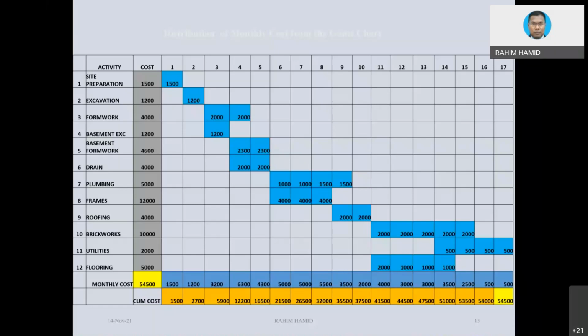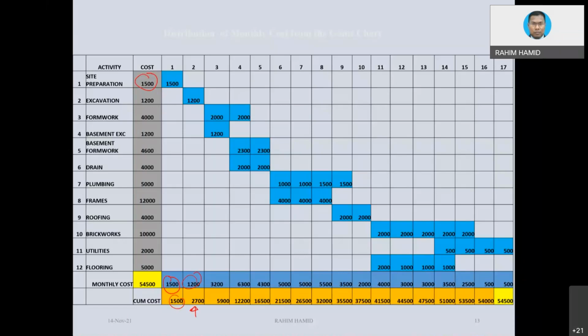Okay, let's assume another few activities. Cost is there, and so the cost distribution is a prorate. This is an example of prorate. And then every month we are going to take monthly cost, and then we are going to convert into cumulative cost. If we have this cumulative cost, then basically you can plot the graph.